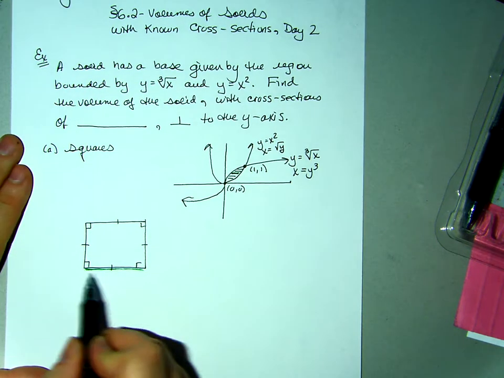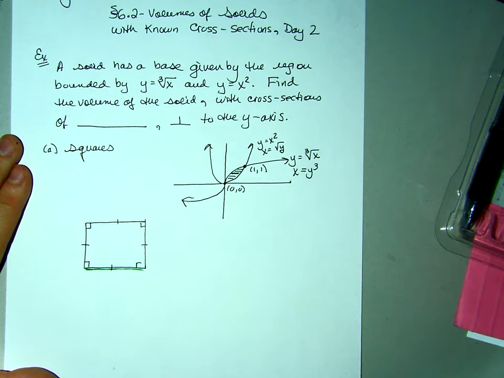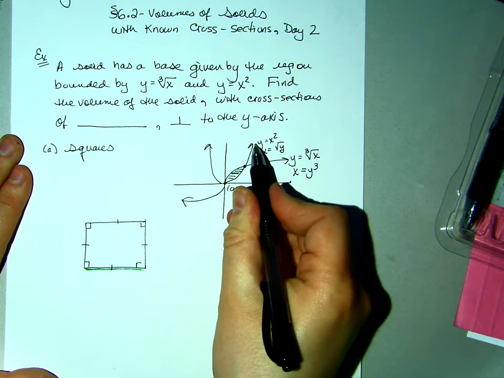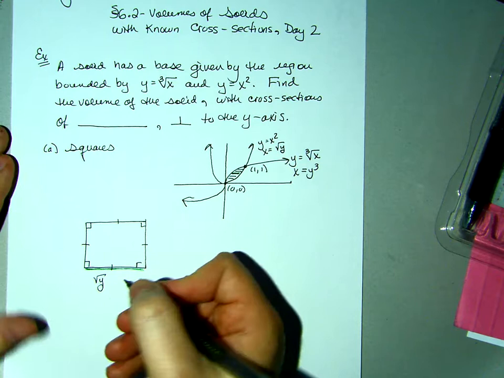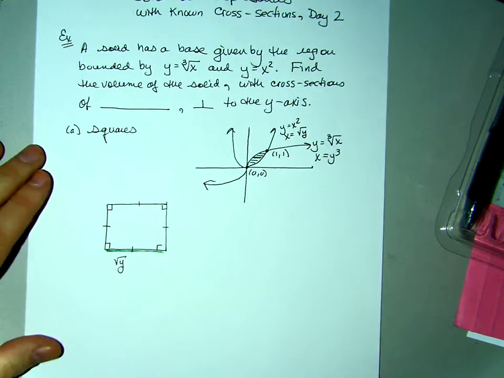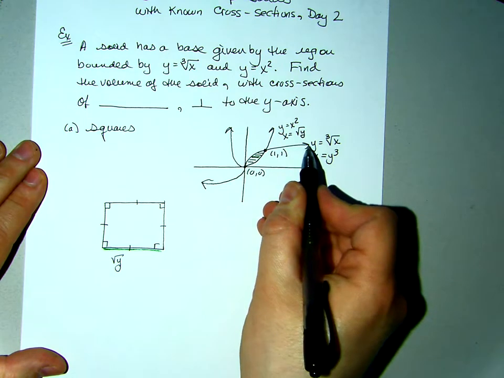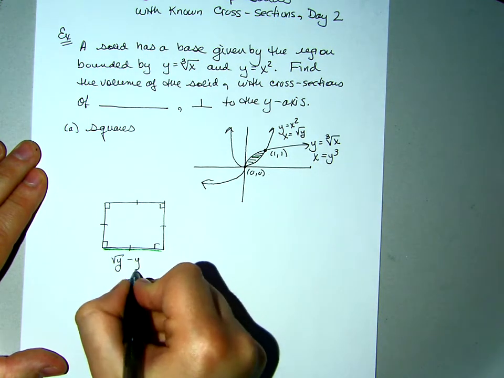So now, the thing on the bottom is the right function minus the left function. Because they're horizontal cross sections, I need to use my functions of y. Thing on the left is the parabola y equals x squared, but I'm going to call it the square root of y, the function of y version. On the right, I have that cube root function, but again, I'm going to call it by its function of y version, so I'm going to call it y cubed.